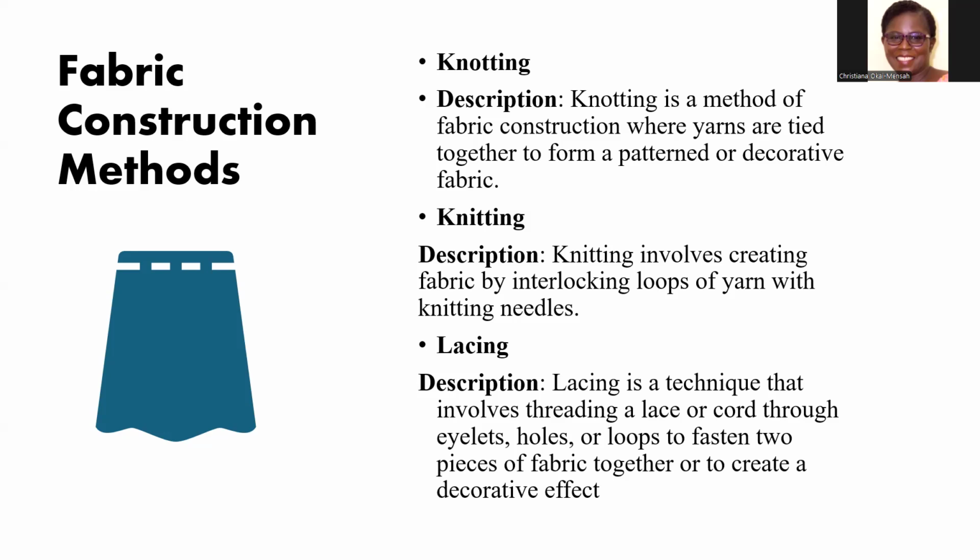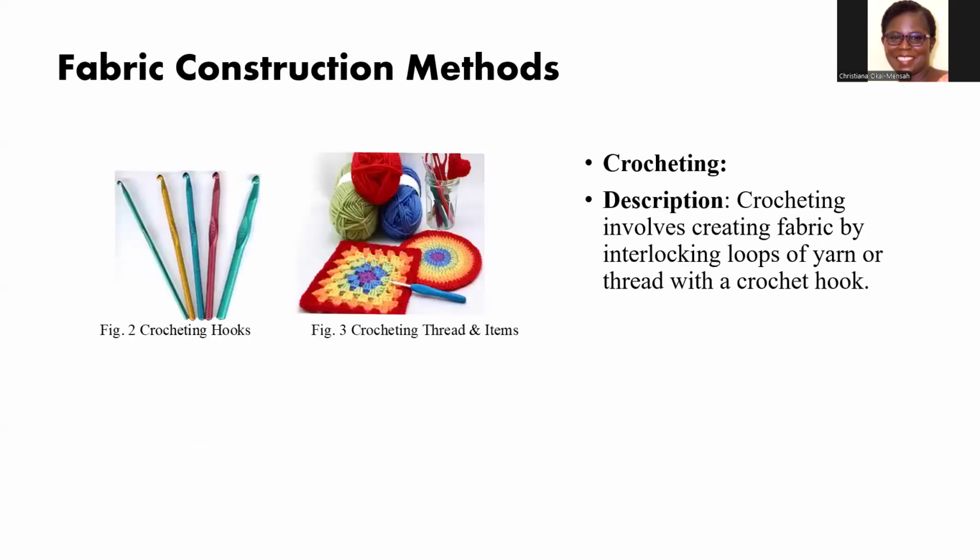The next one is knitting. Knitting is just like crocheting. But in crocheting, you use one needle, while with knitting, you use two needles in producing the fabric. So knitting involves creating fabric by interlocking loops, and crocheting also involves creating fabric by interlocking loops.